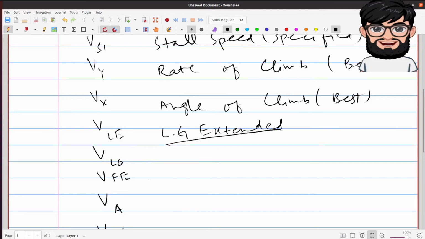VLO is the maximum landing gear operating speed. What it means is the maximum calibrated airspeed at which the landing gear can be safely extended or retracted.